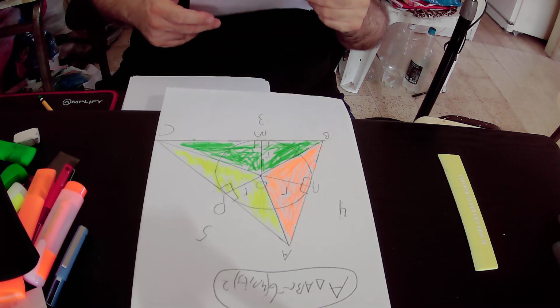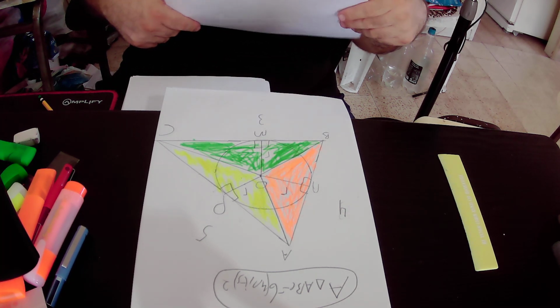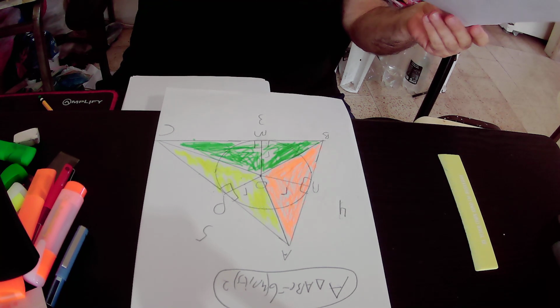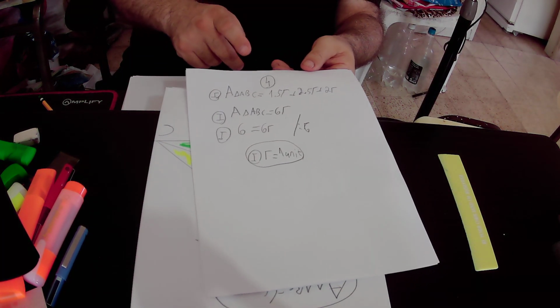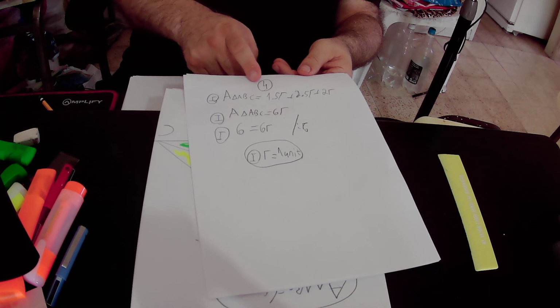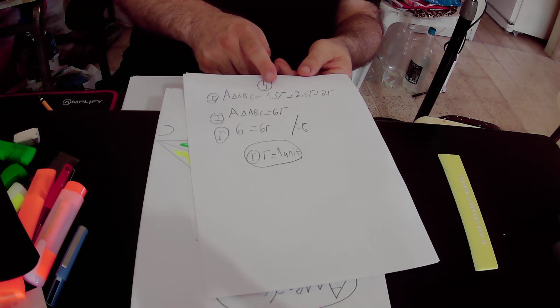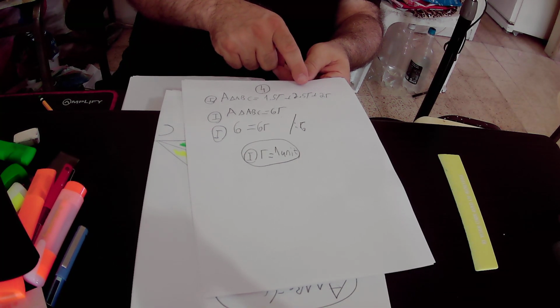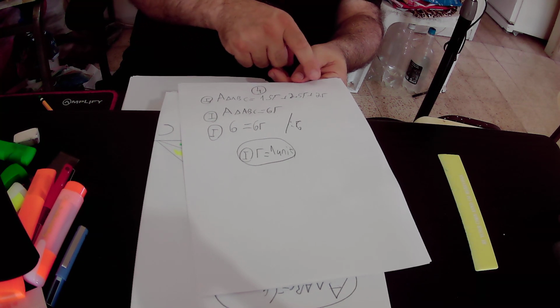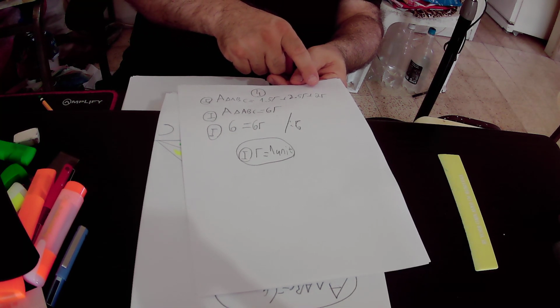So we can create equation number 1 that states that the area of triangle ABC equals the sum of the areas of the green triangle, that is 1.5 times the radius, plus the area of the yellow triangle, that is 2.5 times the radius, plus the area of the orange triangle, that equals 2 times the radius.